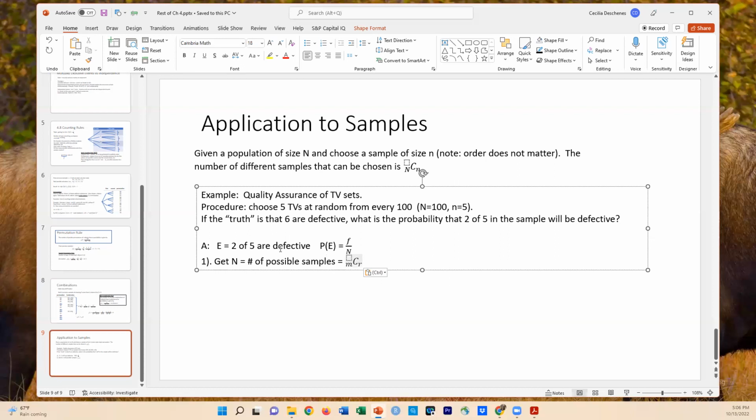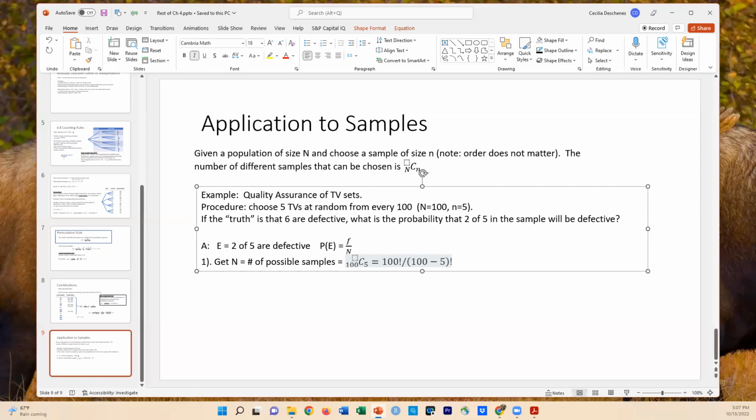Good, it is. So we're going to be choosing 5 out of 100. So 100 choose 5. And we already saw that this is 100 factorial by the formula, and 100 minus 5 factorial.